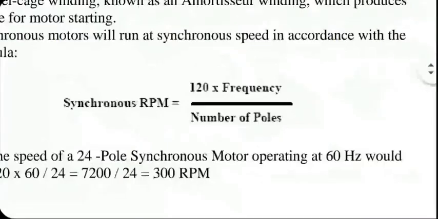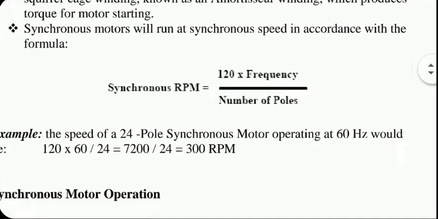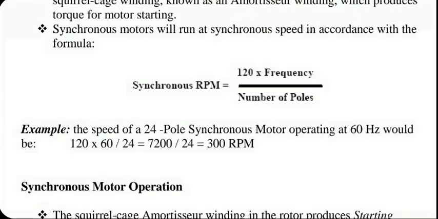Poles, of course, have no units. 120 times frequency in hertz divided by number of poles will give you ns in RPM. One simple calculation: a 24-pole synchronous machine at 60 hertz will require 300 RPM. I think we have done this calculation in case of the synchronous generator.